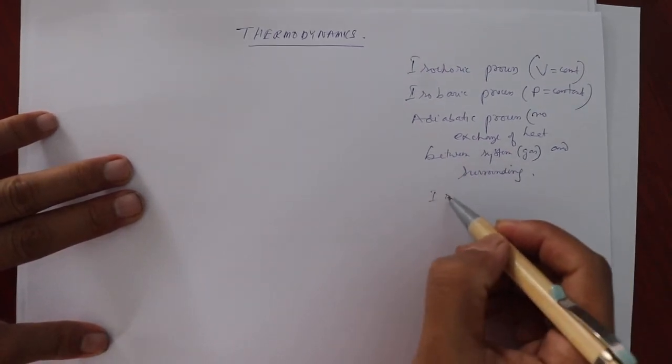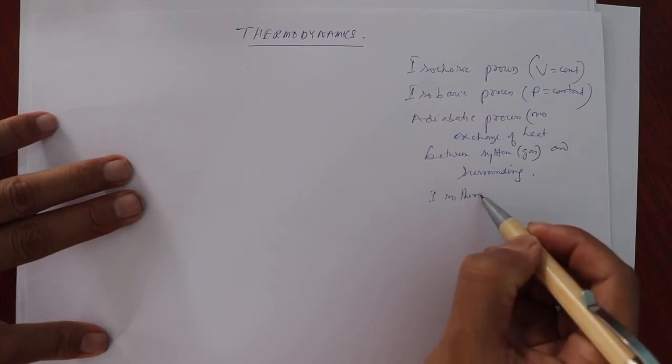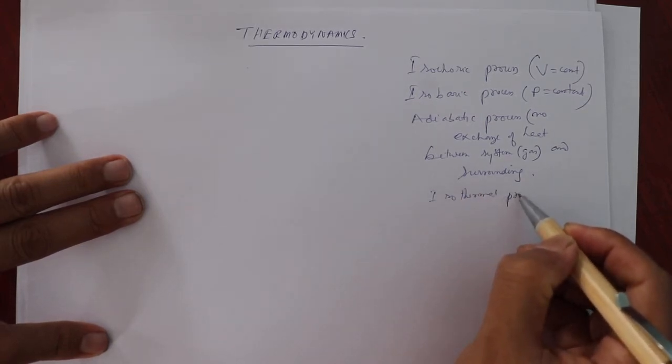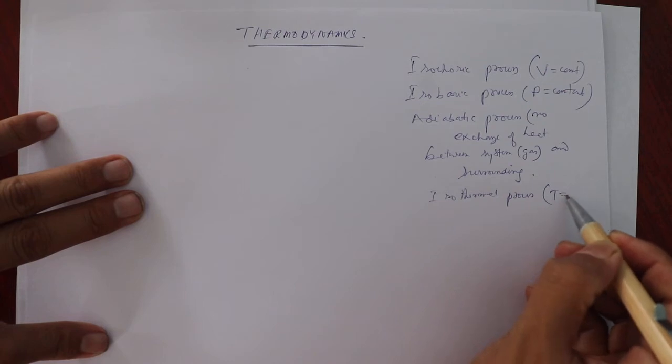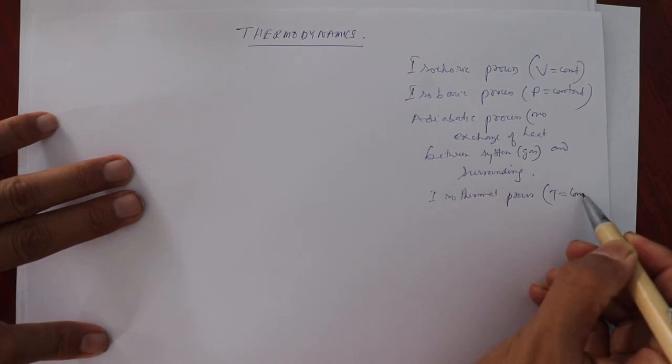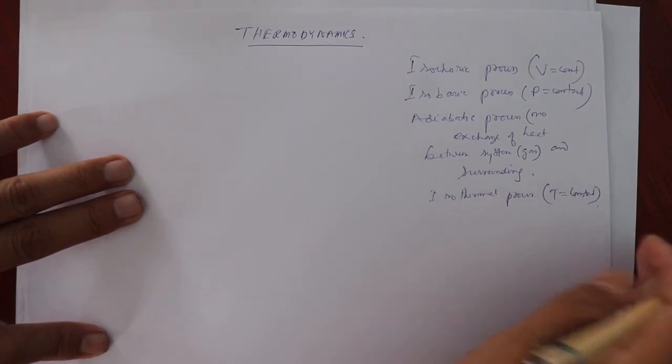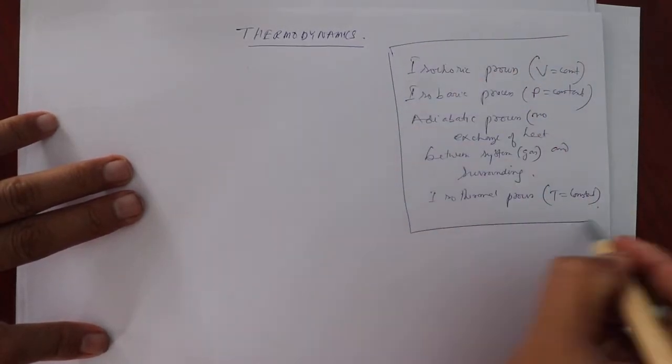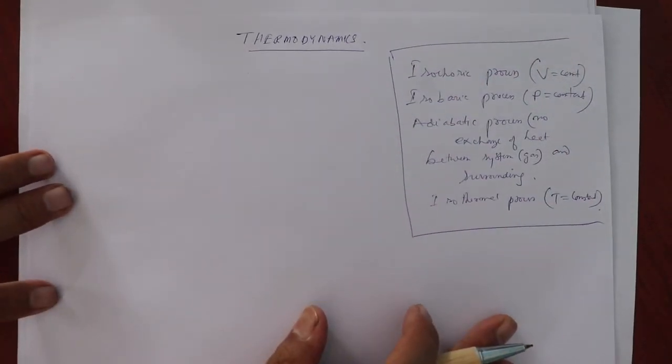And you have the isothermal process, and this one takes place at constant temperature. So these are the important terms that you need to memorize.